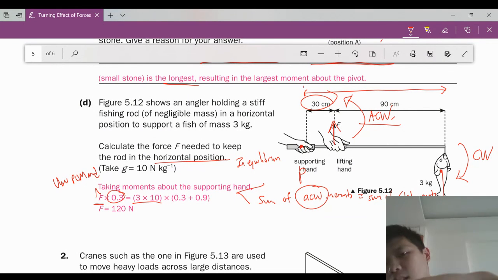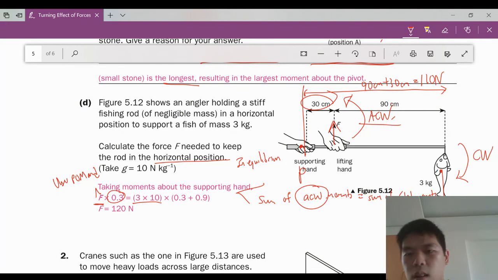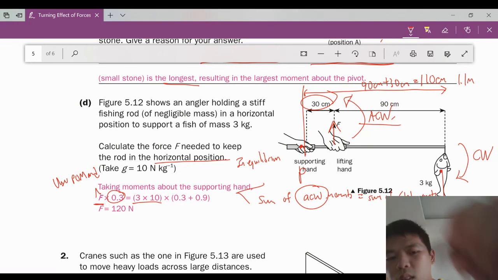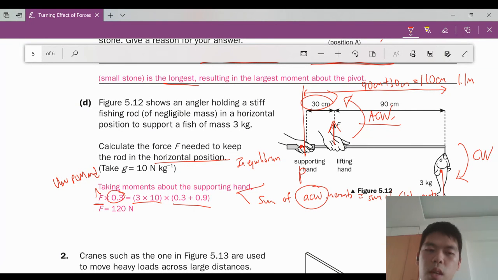The pivot is the hand here. So it's 90 cm plus 30 cm, which gives 120 cm, sorry, 110 cm or 1.1 meter, which is what you have here. So you can calculate for F, which is 120 newtons. So the hand must exert 120 newtons.